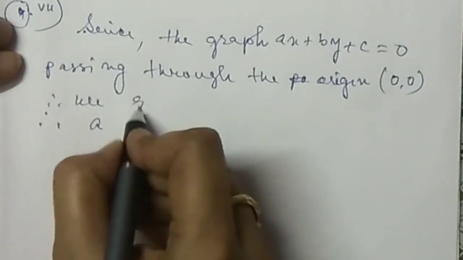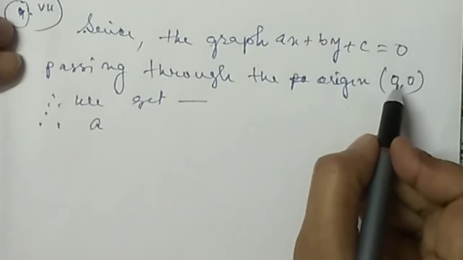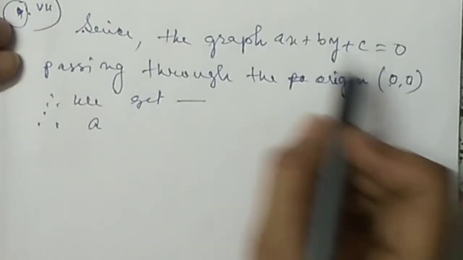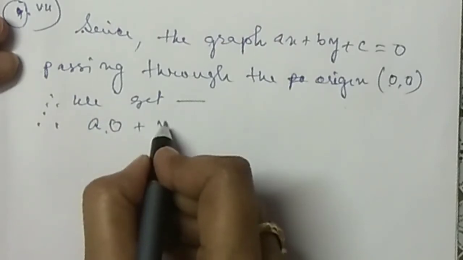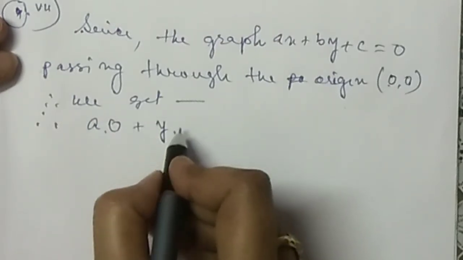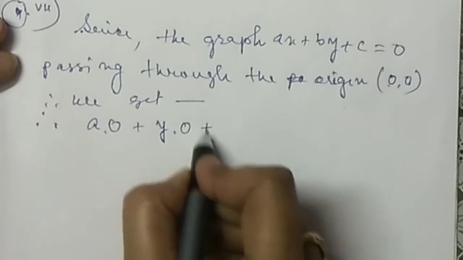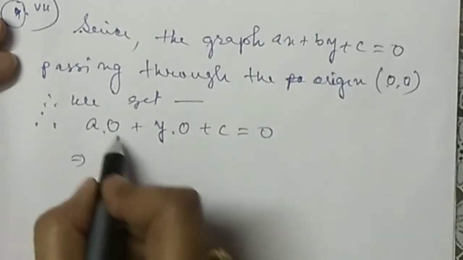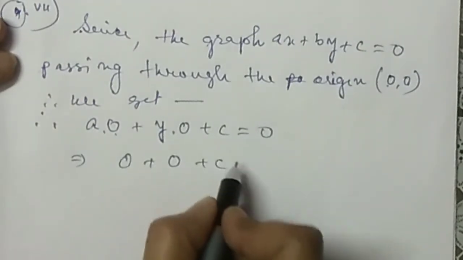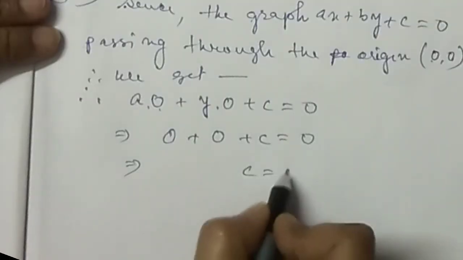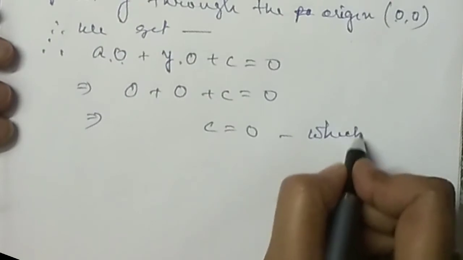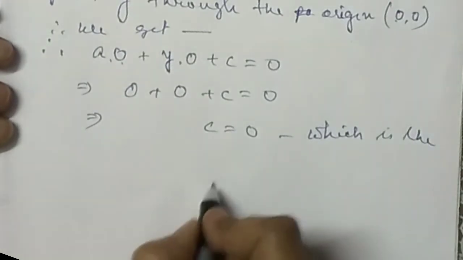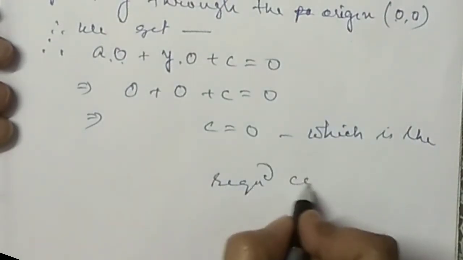The origin coordinates are 0, 0, so the x value is 0, y is also 0, plus c is equal to 0. So both these values are 0. So that means what? c must be equal to 0, which is the required condition.